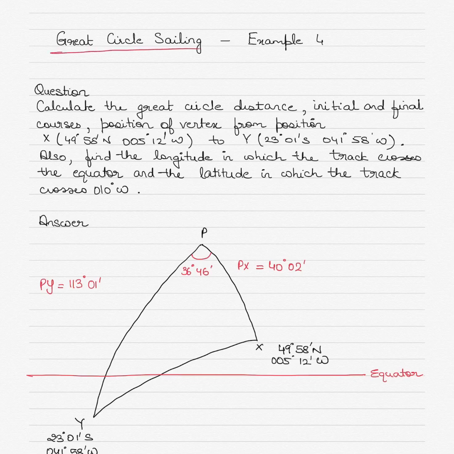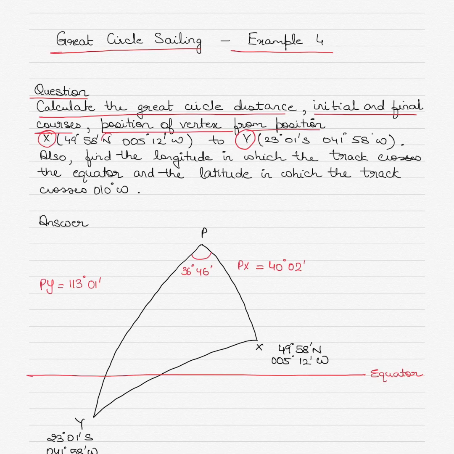The topic is great circle sailing, example number 4. The question says calculate the great circle distance, the initial and final courses, and the position of the vertex from the position x, latitude and longitude given, to y, and again latitude and longitude given.